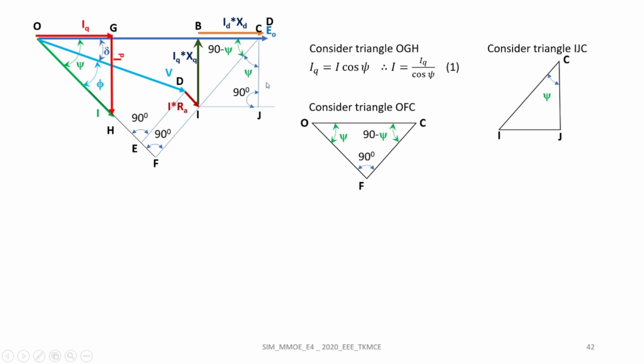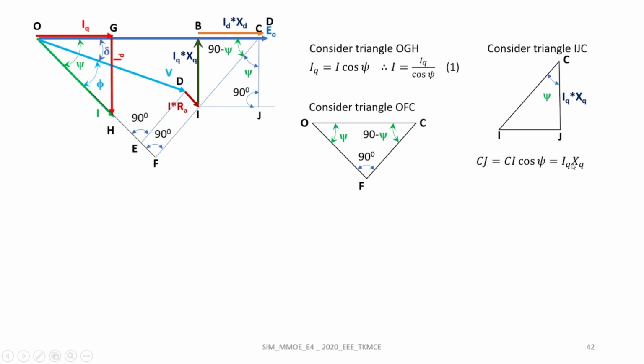Now let's consider this right angle triangle ICJ. In this right angle triangle, this angle is psi, this angle is 90 degrees and this length is IQSQ. So in this triangle, what is CJ? CJ is the adjacent side and CI is the hypotenuse. So we can write CJ is equal to CI cos psi, which is equal to IQSQ.